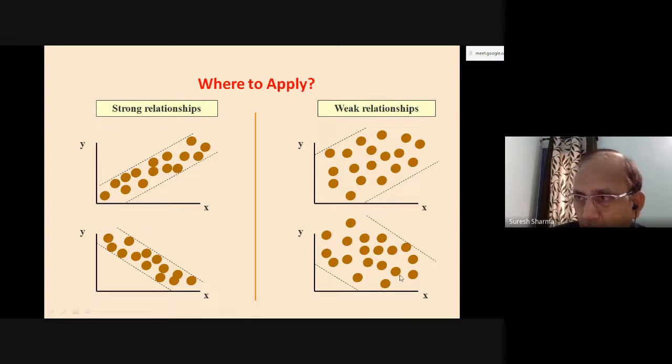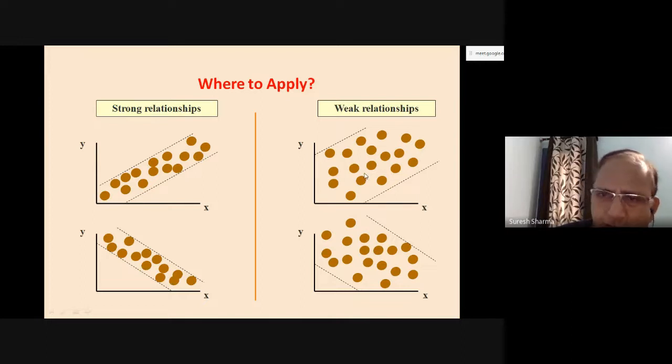But if you critically evaluate, these points are very, very close to each other. They are concentrated. And if you drop a line from the center, points will be very, very close to that line. If points are close to the line, then we say that there is a strong relationship. So in this case, a positive strong relationship, in this case, a negative strong relationship.